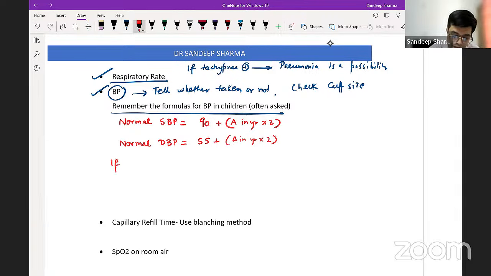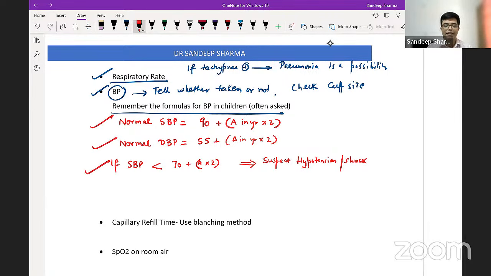And if systolic BP is less than 70 plus age in years multiplied by 2, you should suspect hypotension or shock in the patient. All the 3 points are important. They can be asked in viva also.